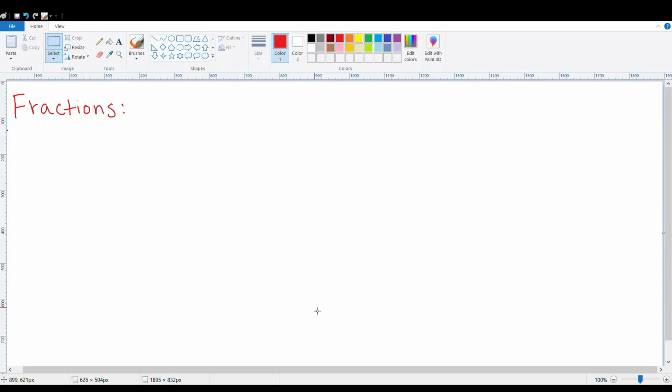Okay, so let's add some fractions. One important thing to know about adding fractions is that the denominators need to be the same. For example, if I have a fraction a over b, I can simply add that to a fraction with the same denominator b, even if the numerator is different. Then you can just add the numerators like this.